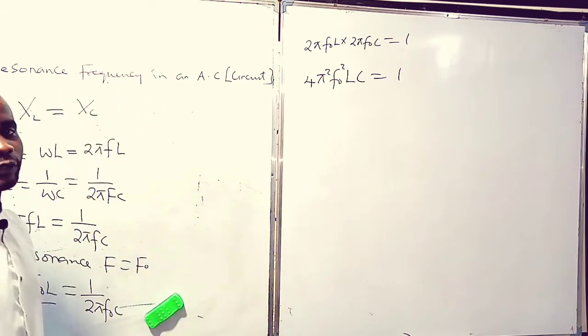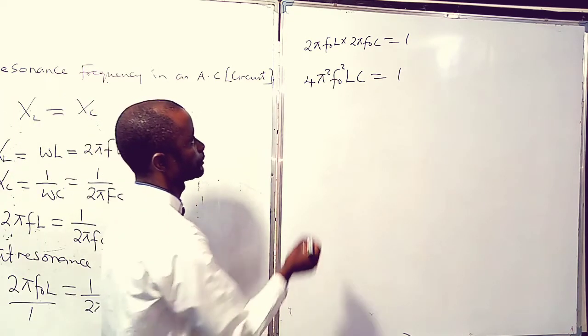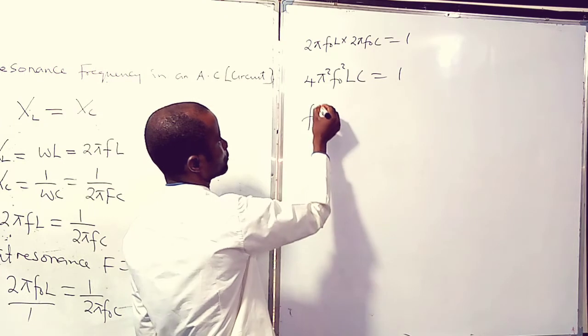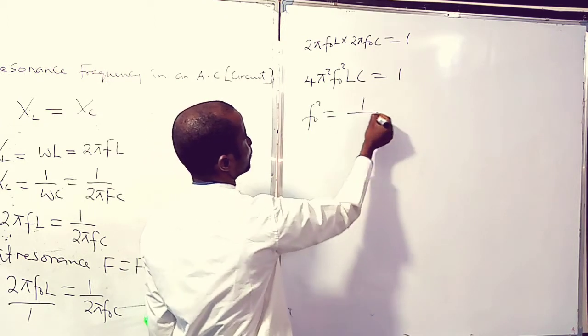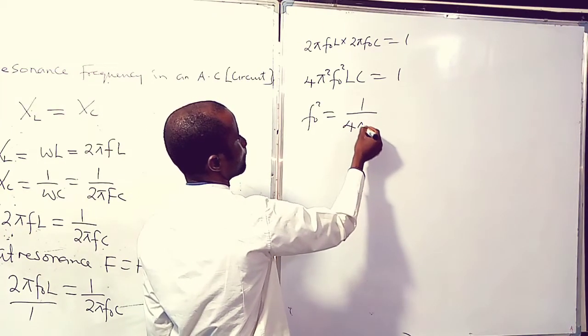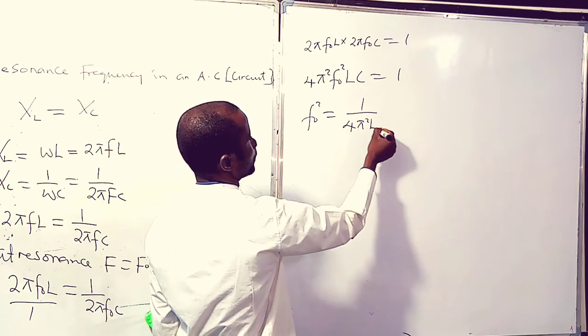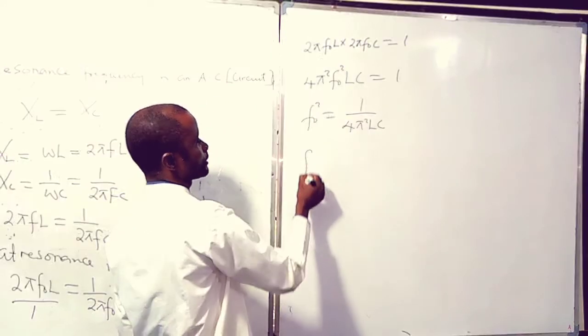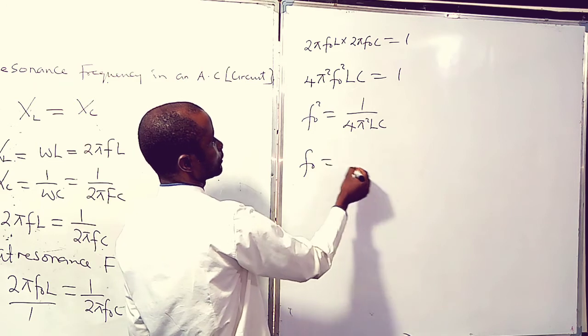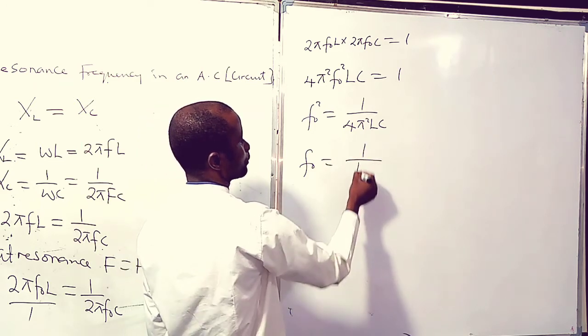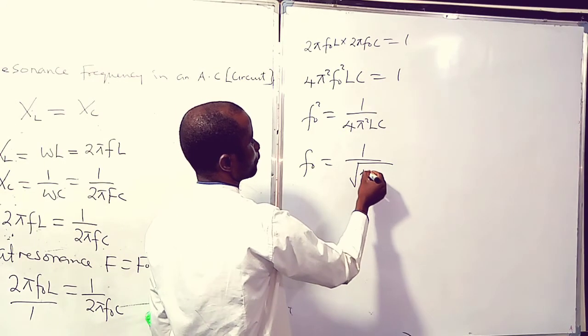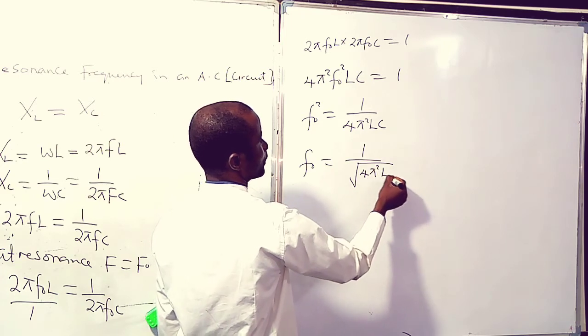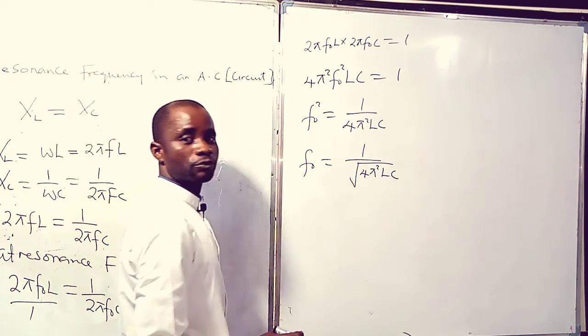Now divide both sides by the coefficient of f naught square. That is, f naught square is equal to 1 over 4 pi square LC. And then take the square root of both sides. That is 1 over root of 4 pi square LC. 4 is a perfect square.